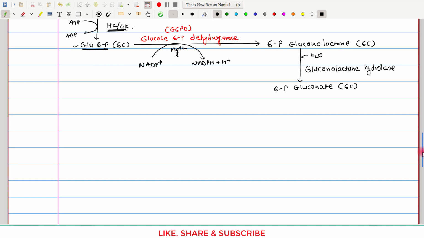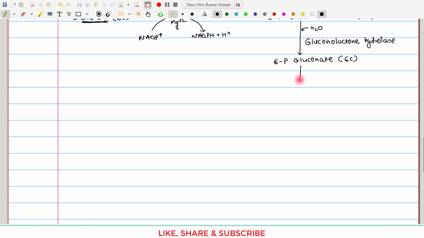Now in the next reaction, this 6-phosphogluconate further undergoes oxidation as well as decarboxylation. Decarboxylation means a carbon dioxide molecule is removed, and it is also undergoing oxidation.